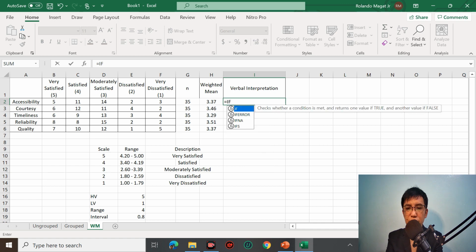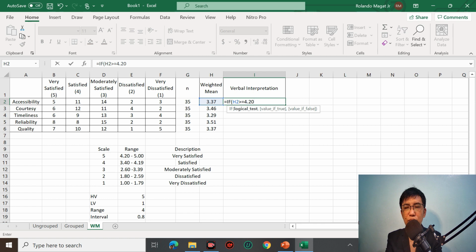IF, then H2, okay, greater than or equal to, ano yung pinakamababa natin dito muna? Una natin, 4.20. Pwedeng 4.20, pwedeng mas mataas sa 4.20 hanggang 5. Okay? Then, open quotation, lagyan natin very satisfied.